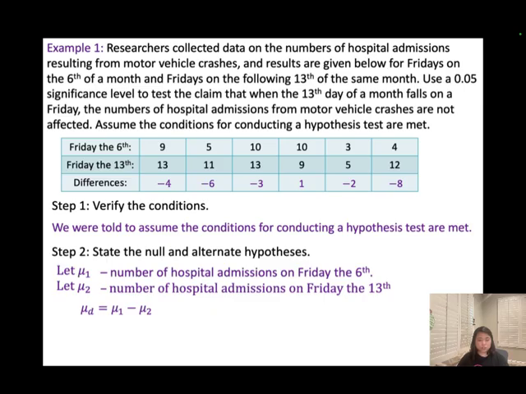State the null and alternate hypothesis. You can see they say the number of hospital admissions from motor vehicle crashes is not affected. Not affected, so that will be not equal to for the alternate hypothesis, and the null hypothesis is going to be equal. And this is going to be a two-tailed test.